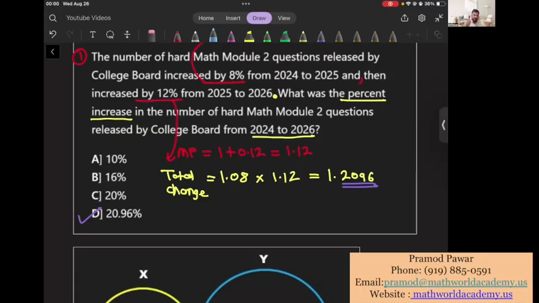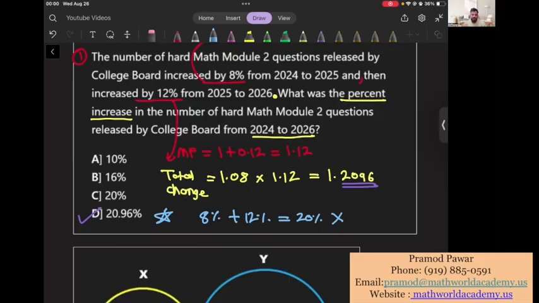Now, one more aspect you need to pay attention to is that many students make the mistake of adding the percents. They will solve the problem as if initially there was an 8% increase, and then after that, there was an additional 12% increase. So they would add 8 and 12, that gives a 20% increase. But that's wrong.